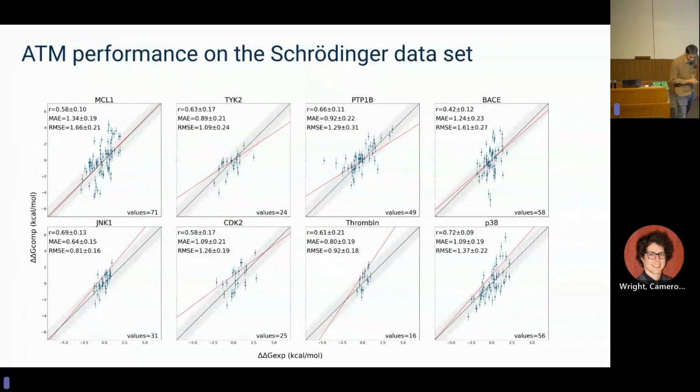And what we found was that the method was actually behaving well. This is GAFF2, so nothing fancy in terms of force field, just very quick and dirty, and we had reasonable correlations in all the pairs.